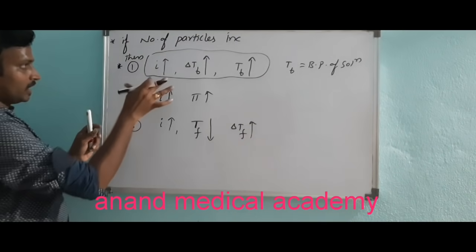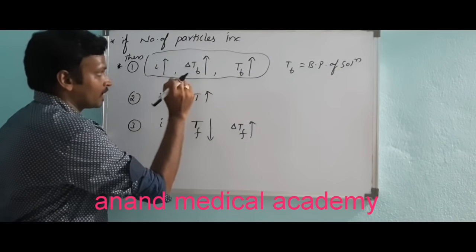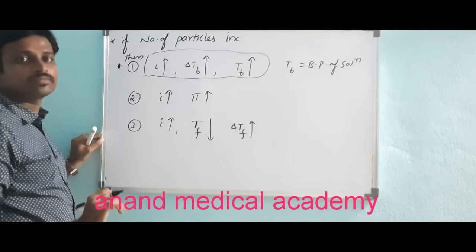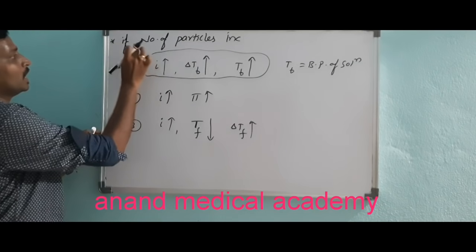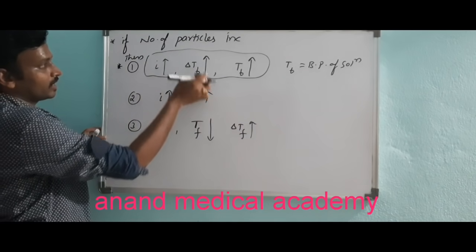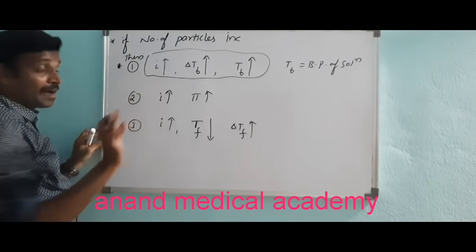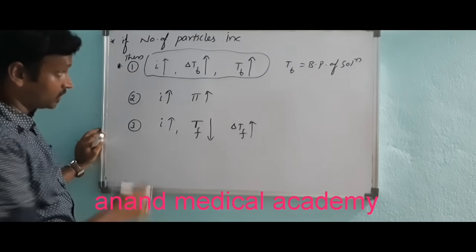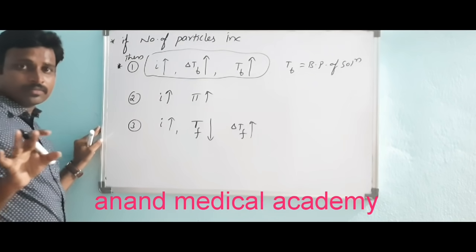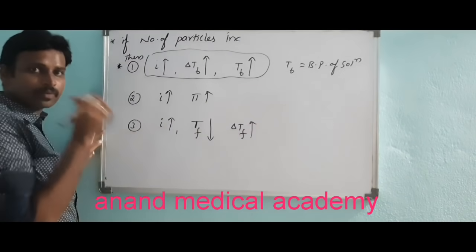Don't get confused. These three are very important, so take a screenshot and keep it in your phone. If number of particles increases, i value increases, delta Tb value increases, Tb value increases. I am not saying you have to remember this blindly; I already gave the proof, for a particular medium, and this is for water medium, which is very important.